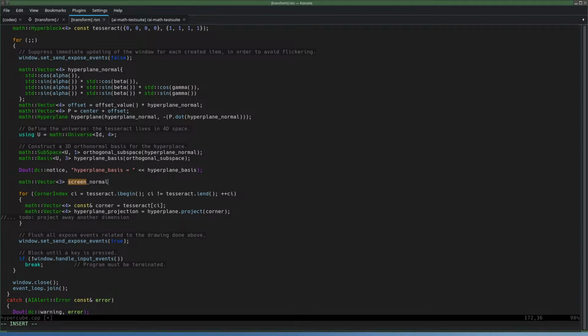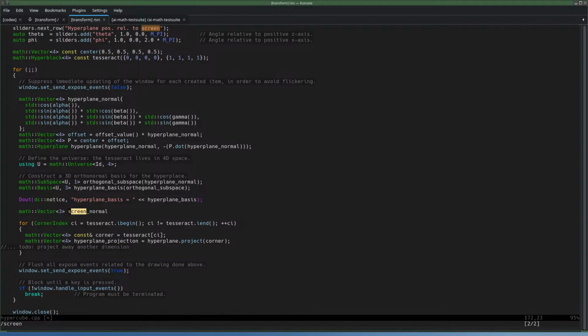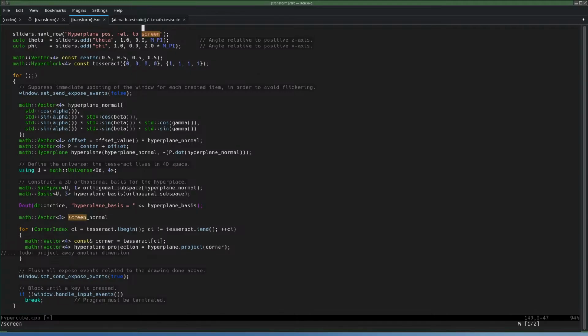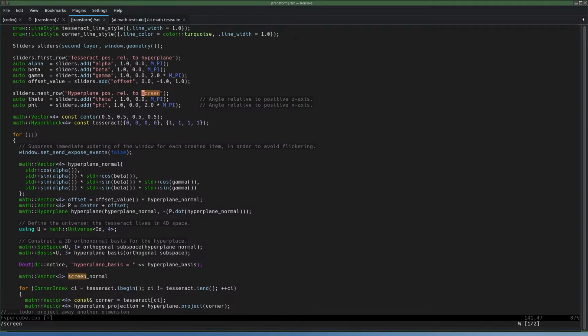I'm going to use a long word. I think I'm going to use window plane. Well, that might be a bit much to use here, so it has to be written out in the user interface.